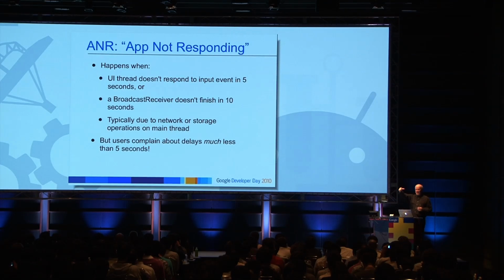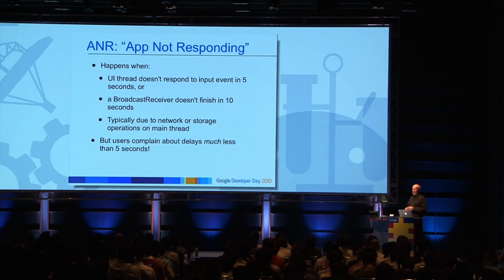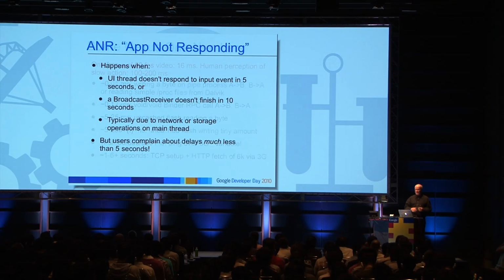Or if I have an intent receiver and an intent gets fired and it's passed to me and I take more than 10 seconds to handle, application not responding. So you must never, never, never let this happen. But actually, the problem is much more difficult than this, because users are sensitive to delays that are much, much shorter than 5 seconds. I will give you some detailed numbers.